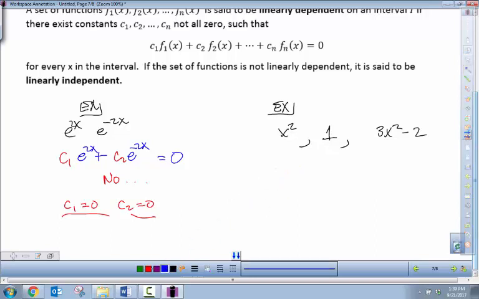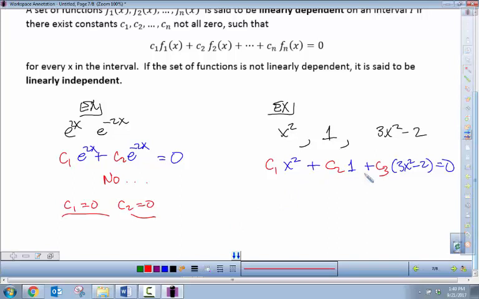The question again is, can I find C1, C2, C3 so that the linear combination would equal 0?